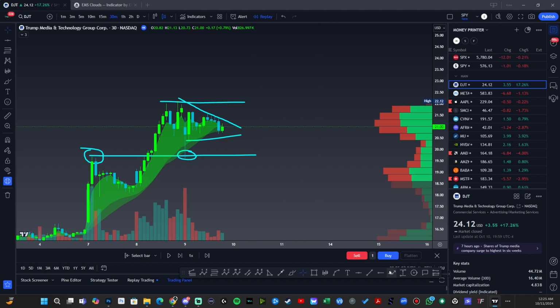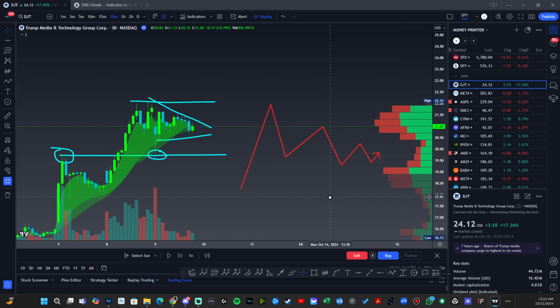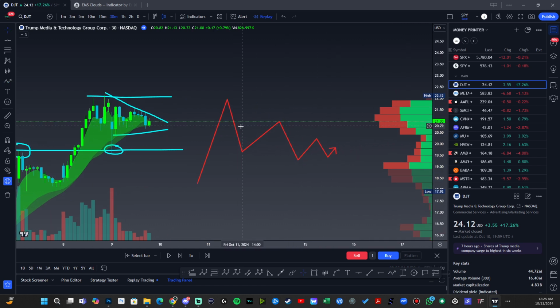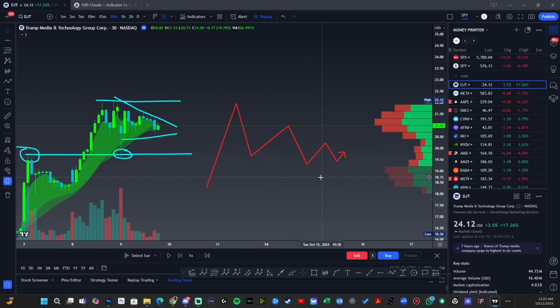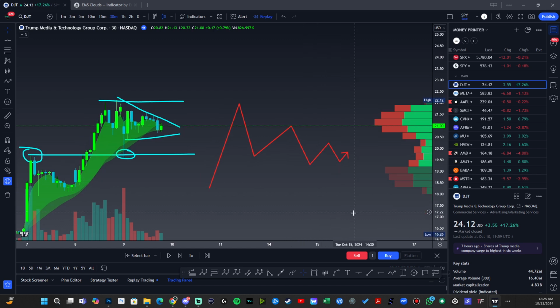What you don't want to be trading is an extended flag. What do I mean by that? An extended flag looks like this, where it just goes far, far out. These work here and there, but they're not as profitable and consistent. So what do we need to see?